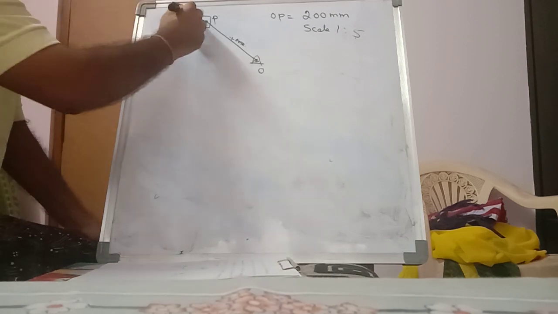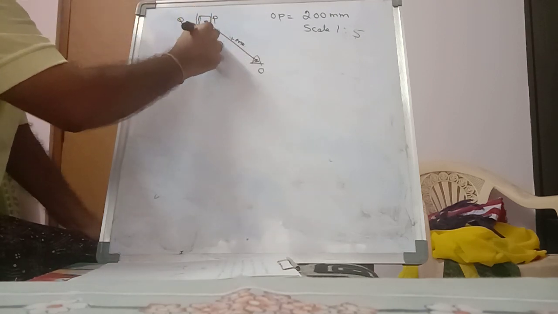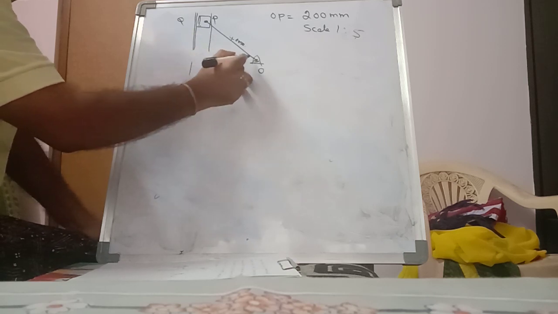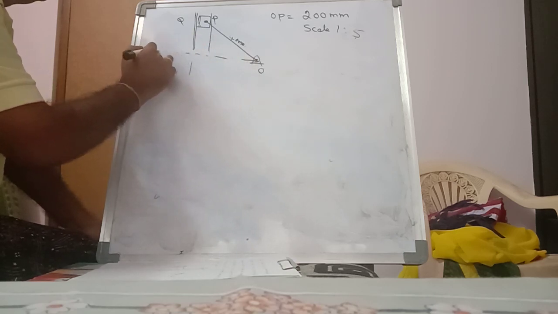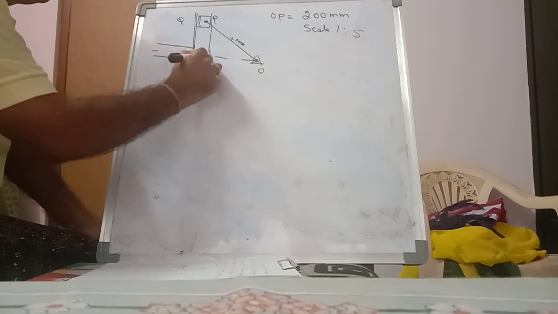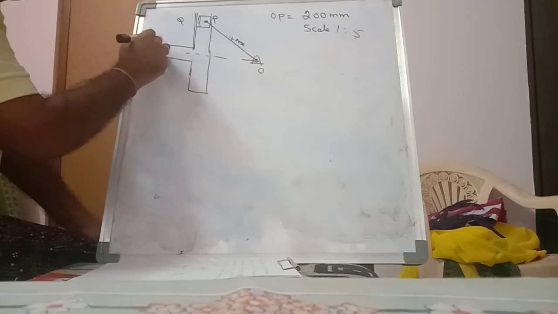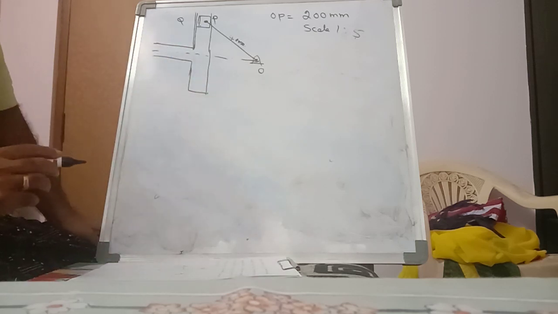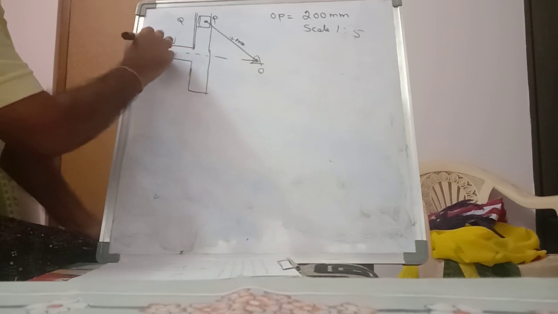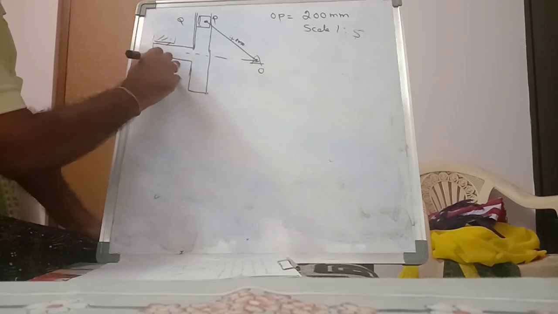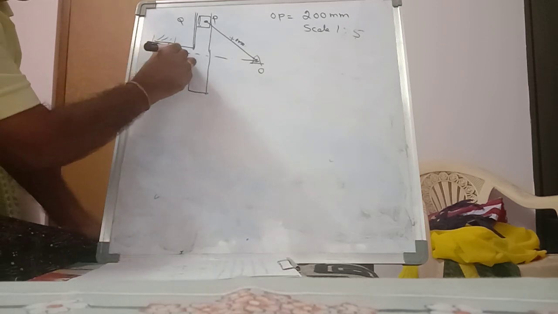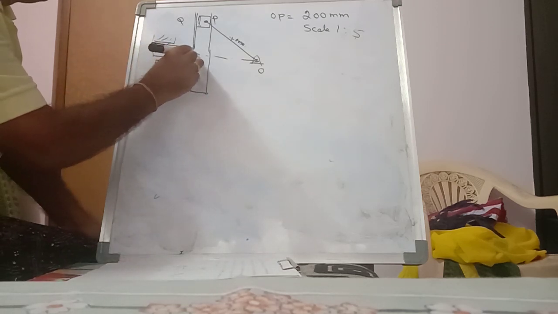Now the slider is in a guide. First you draw a horizontal line from O. The total thing is in a guide. Take point C on the guide.